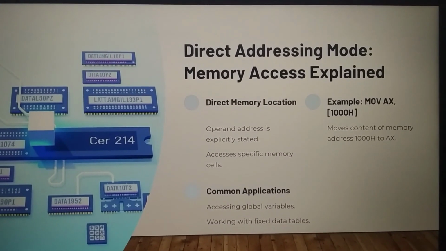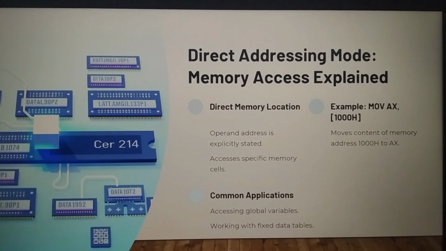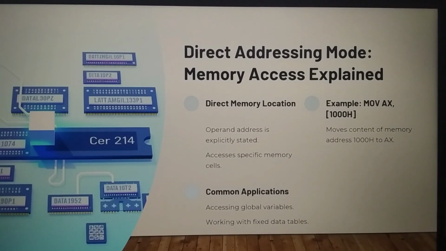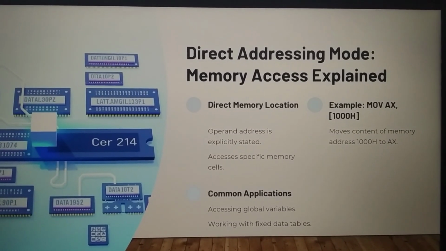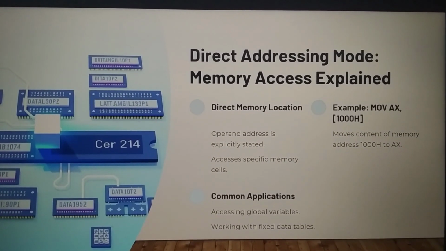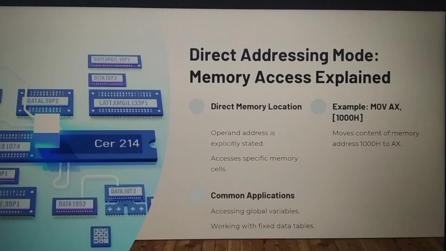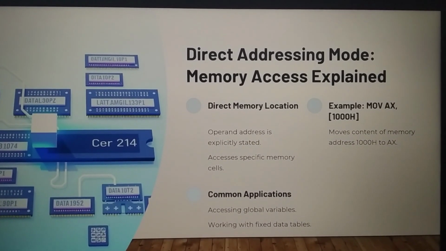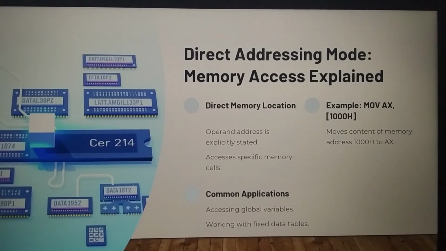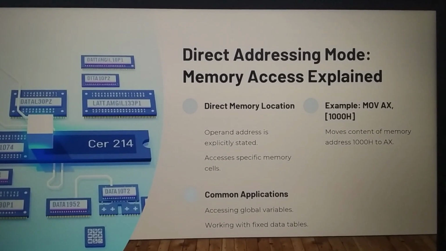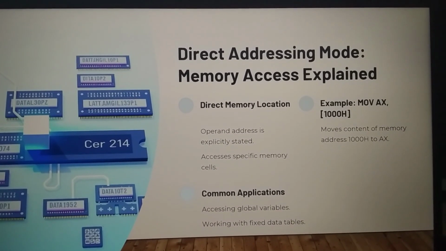For example, in the instruction MOV AX, [1000H], the processor moves data from the memory location at offset 1000H within the DS segment into the AX register. The physical address accessed is computed as DS times 10H plus 1000H.